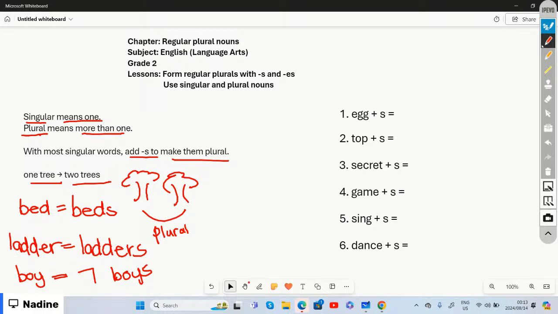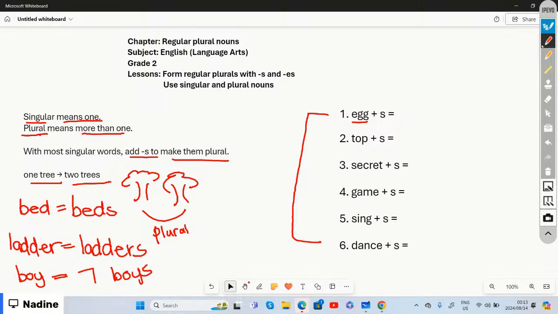All right. So now we're going to look at a few more activities. Here we have six words. In order for us to go from a singular word which shows one, let's say for example, one egg, we add an S, and then it shows that it is plural. It is to make them plural. So egg plus S is what?